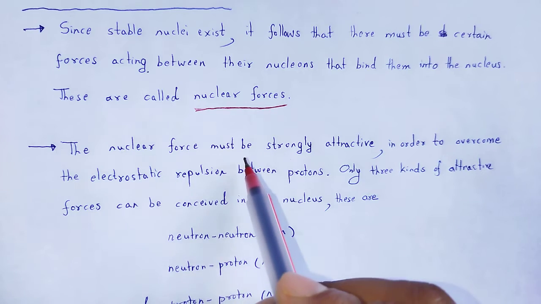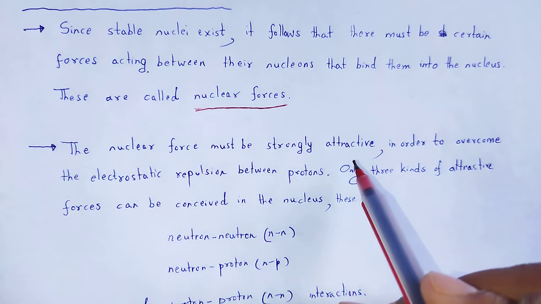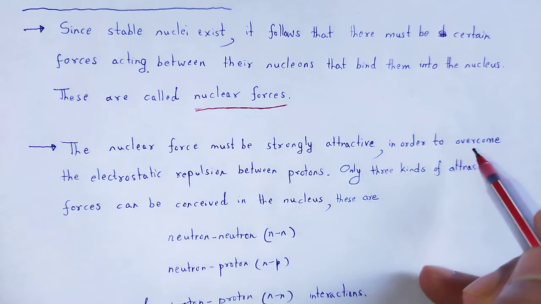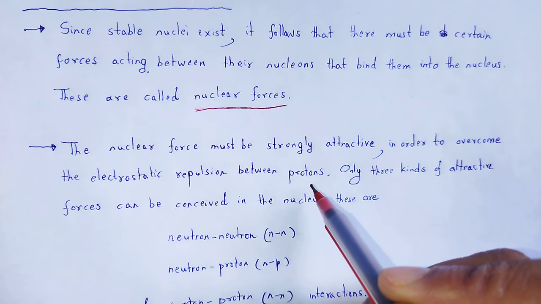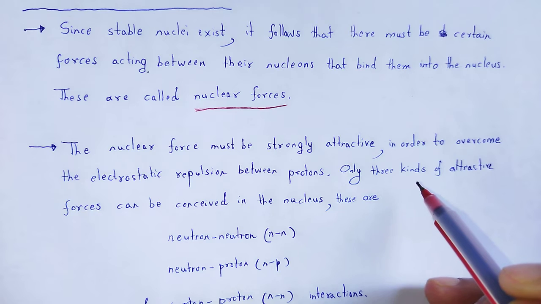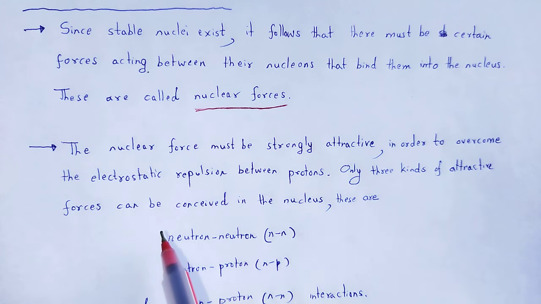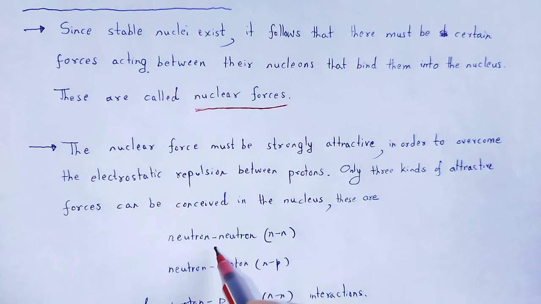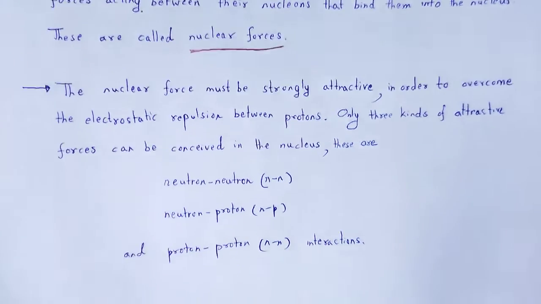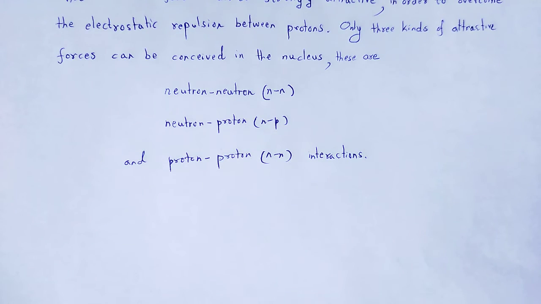The nuclear force must be strongly attractive in order to overcome the electrostatic repulsion between the protons. Only three kinds of attractive forces can be conceived in the nucleus: either neutron-neutron, neutron-proton, or proton-proton. Let us come to our analysis.